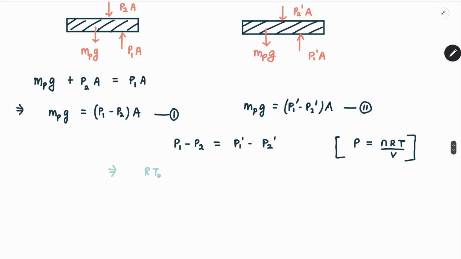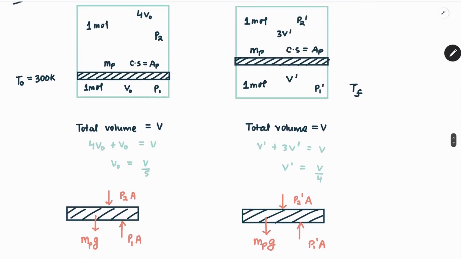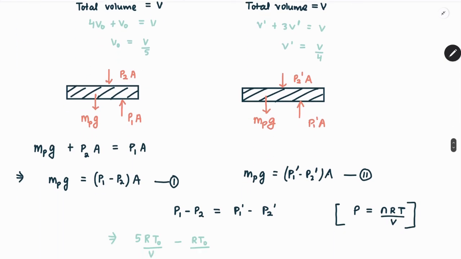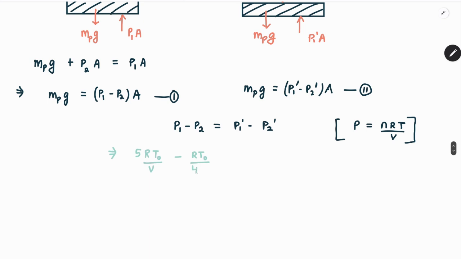So RT naught by V by 5, minus RT naught upon the volume on the upper side, which is 4V by 5.